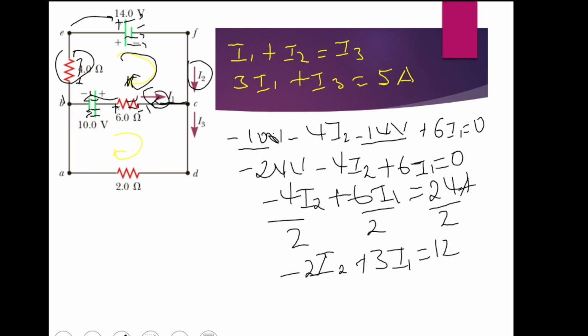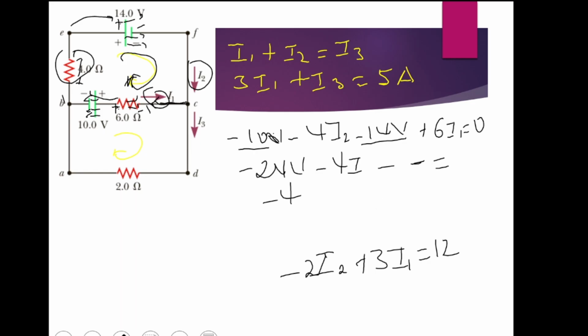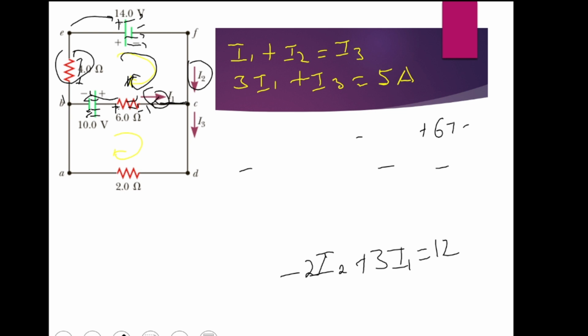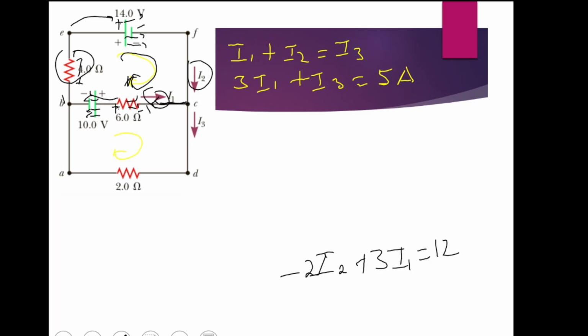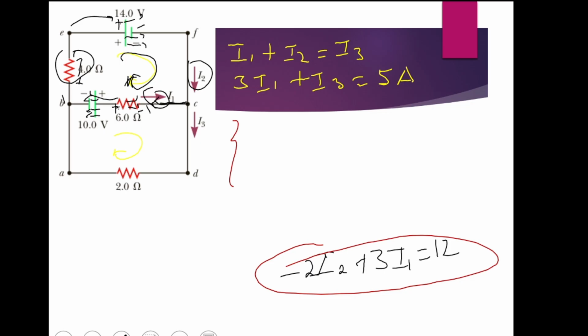Now I've got 3 equations, you see. We've got 3 equations, and we can substitute one into another and solve for I1, I2, and I3. Let's do that. Alright, so now we have got the third equation, which we can still simplify. Now this is in terms of I2 and I1, and this is in terms of I3 and I1, but I can substitute for I3.